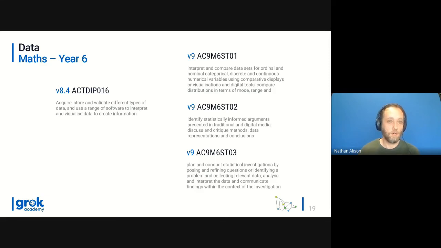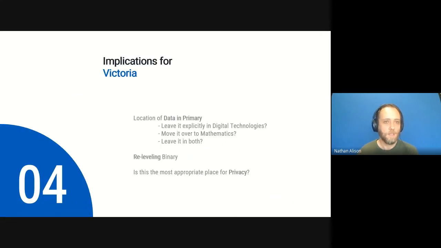The mathematics also has algorithmic thinking in it. So the implications for Victoria, not just algorithms, but also now what happens with data. Would we follow the Australian curriculum in stripping it from the digital technologies curriculum so that it would be implemented in the maths curriculum, or leave it in both?